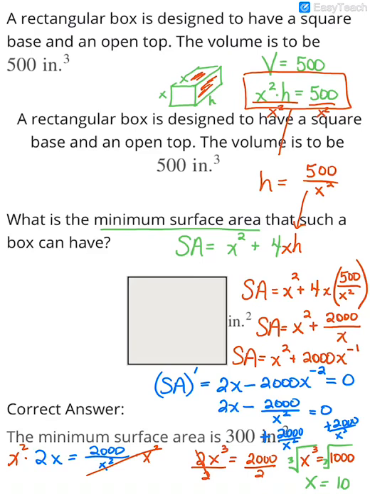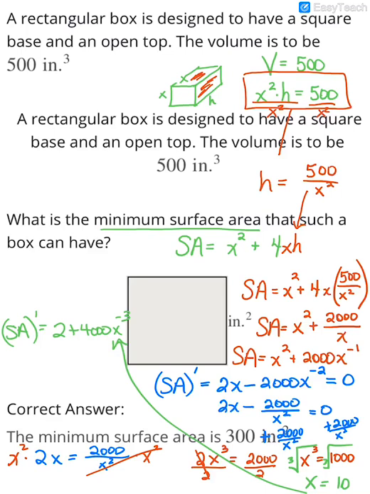So, very quickly, if I go ahead and take a second derivative, the second derivative of my surface area would give you a 2, and then you would get plus a 4,000 times x to the negative third. And so certainly if you plug in the 10 into that, you're going to have a positive value. And when you have a positive value, that tells us that we do have a minimum.